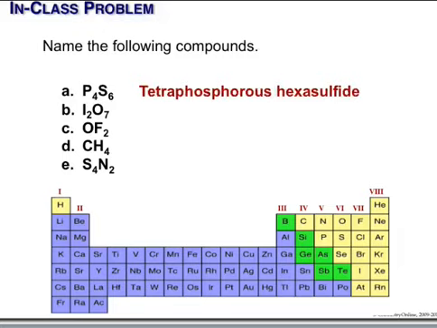See how simple that is? 2 iodines. Diiodine, 2 iodines. And what is 7? Hept. Hept, right. Now, it's going to be a heptaoxide, so we're going to have to get rid of one of the vowels. We'll call this diiodine heptoxide.